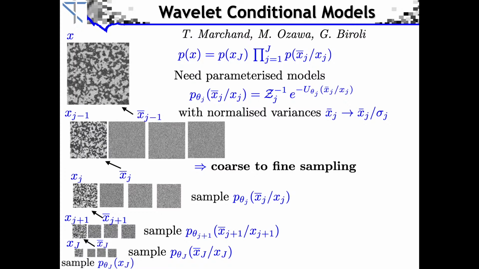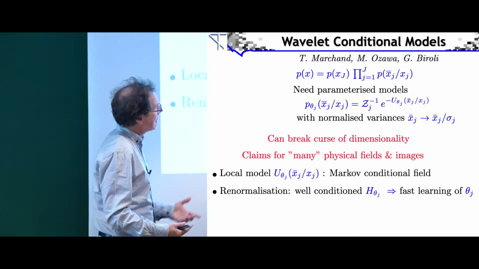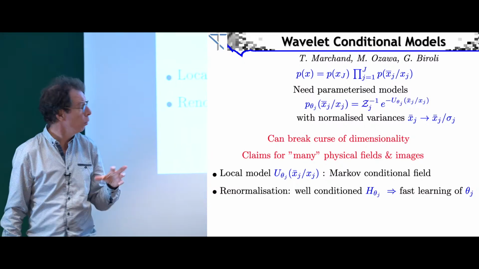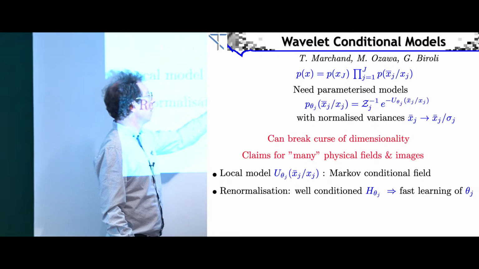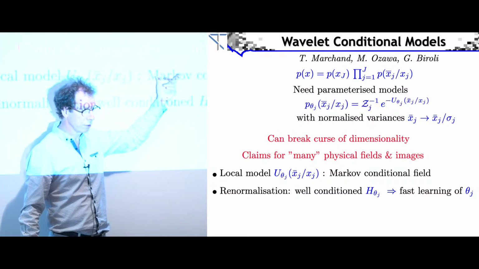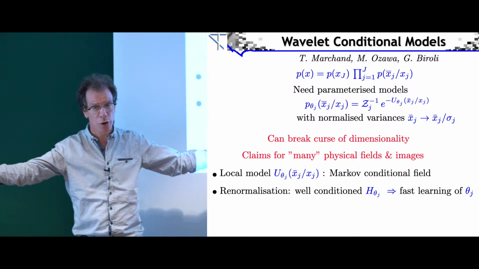So that's the only object that we need to model. And the claim that we're going to try to show is that these probability distributions are much simpler to model. In what sense? In the sense that very often they are local. In other words, they define a Markov conditional field, whereas the original field has long-range interactions.